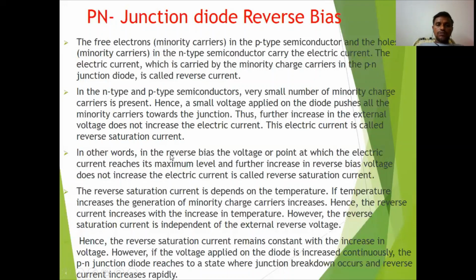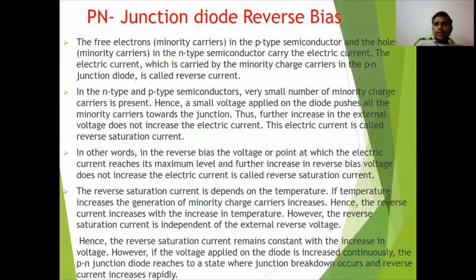In other words, in reverse bias, the point at which the electric current reaches its maximum level, and further increase in reverse bias voltage does not increase the current, is called what? Reverse saturation current. Even if you increase the reverse bias voltage more and more, there is no change in the reverse saturation current, because only some minority holes and electrons are there.